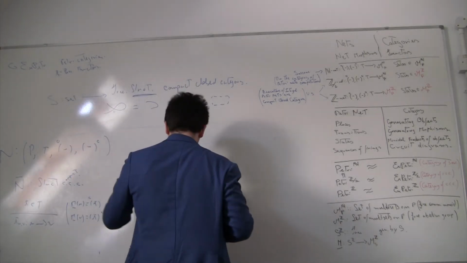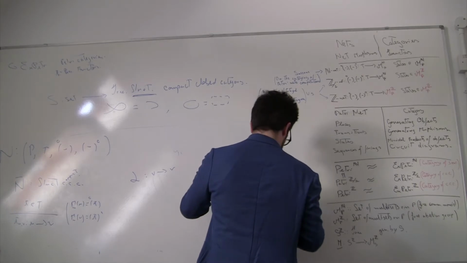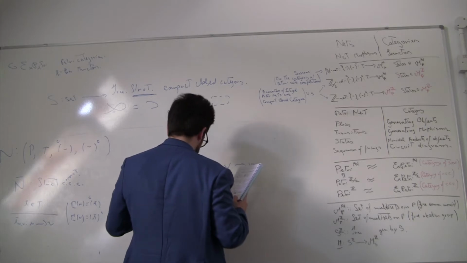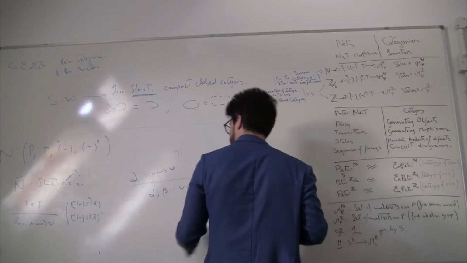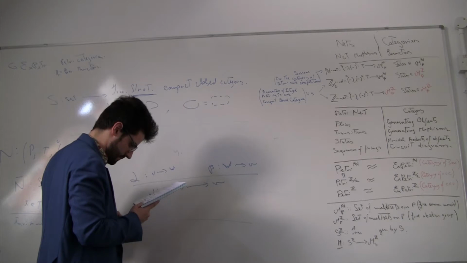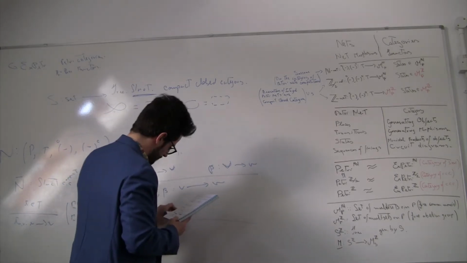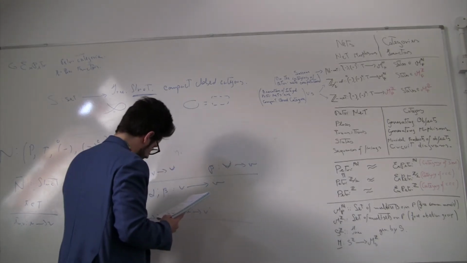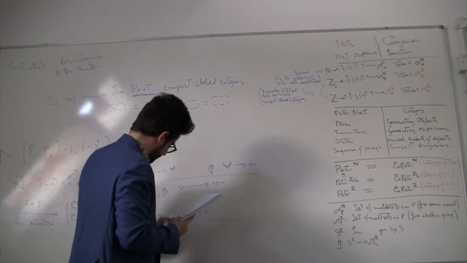And then obviously I also have to say that if I have this, then I can have this. This is U. And if I have tensor, yes, if I have this, I again have to close it up, then I can have this, V prime.